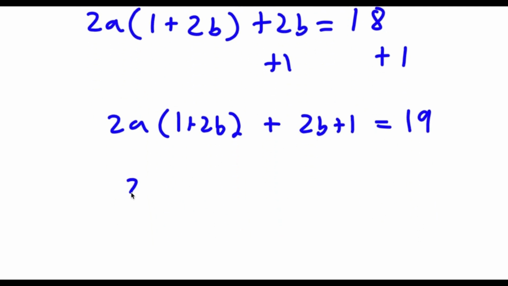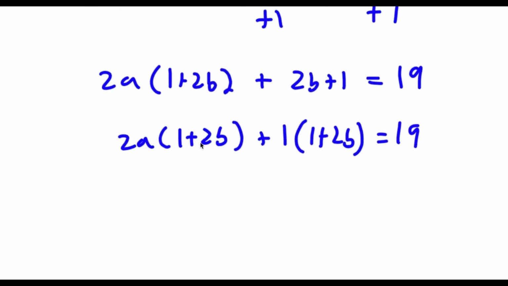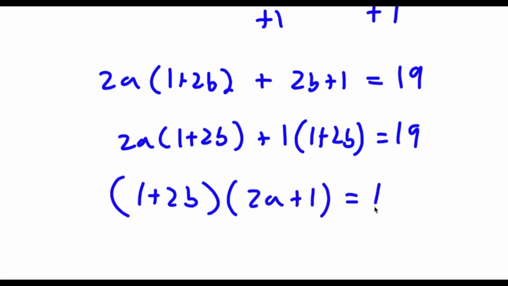Now 2b plus 1 we can rewrite as 1 times (1 plus 2b). So now if I factor out 1 plus 2b from here, I get (1 plus 2b) times, all that's left is (2a plus 1). And this is equal to 19.